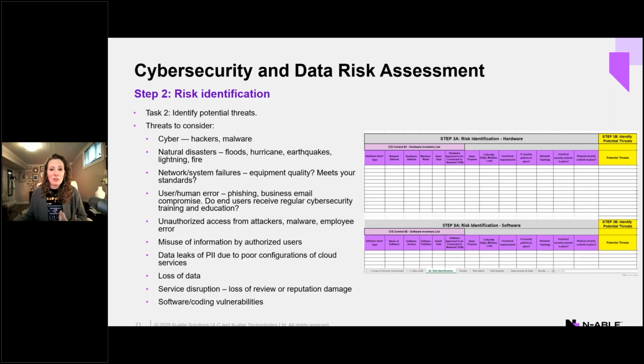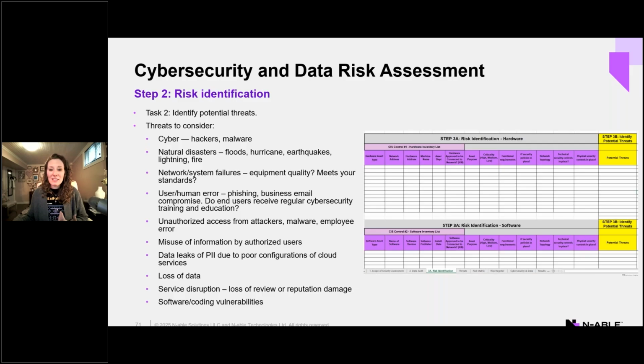Also, we need to look at unauthorized access from attackers, malware, employee error, misuse of information by those unauthorized users. There could be an insider threat where data is being altered, it could be deleted, it could be accessed and used without approval.